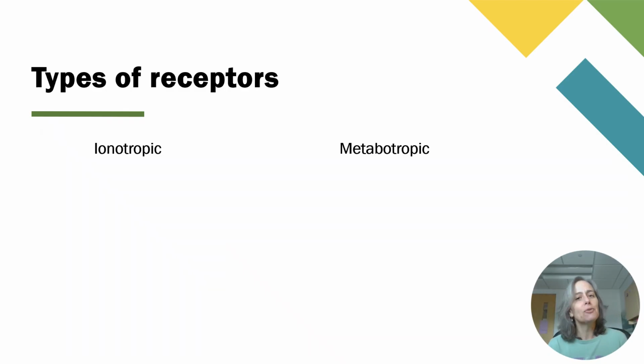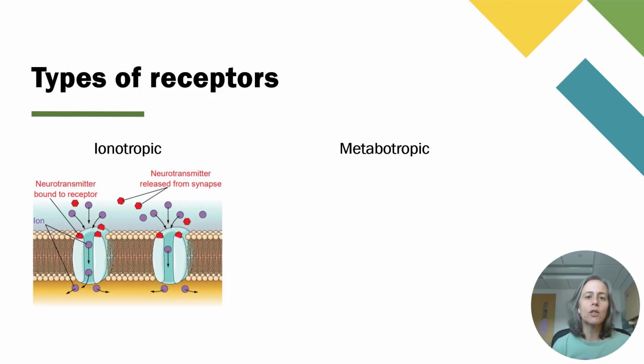Okay, I just want to remind us about the two types of receptors we've learned in this class. There are other ways of categorizing receptors, and other types of receptors, but these are the ones I'm going to expect you to know for the final exam. So ionotropic: those are ones where a neurotransmitter or a ligand binds, and the receptor opens, and the receptor happens to be an ion channel.